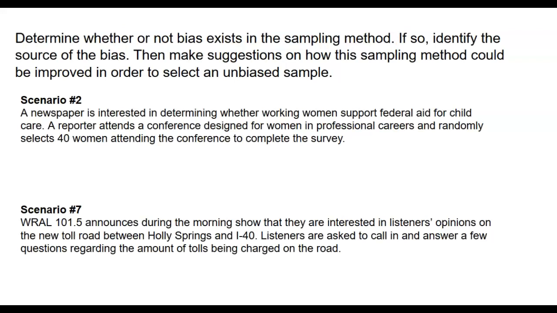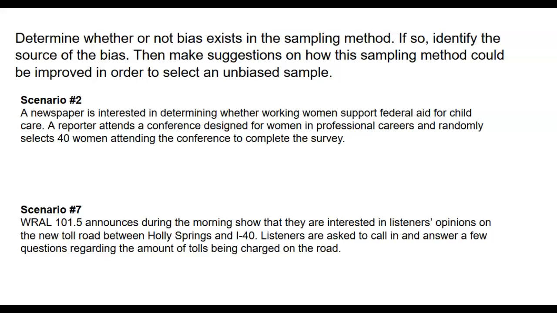This situation would have undercoverage bias. The conference is for working women, which is the population in question, but it is a conference for women in professional careers. This would not include mothers in service industries, food industries, small business owners, or other working options. The newspaper needs to find a way to get a better cross-section of working mothers in their survey.